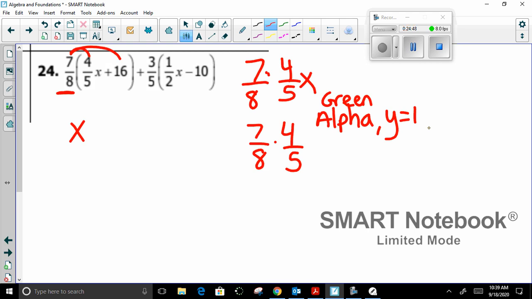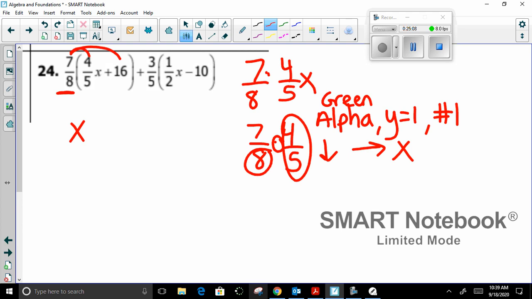Y equals, and then number 1 for your numerator/denominator. Put your numerator in, use the down arrow to put your denominator in. Use the over arrow to then put in your multiplication sign, and then you can add your other fraction and hit enter to get your answer. So I think that's 7/10 x.